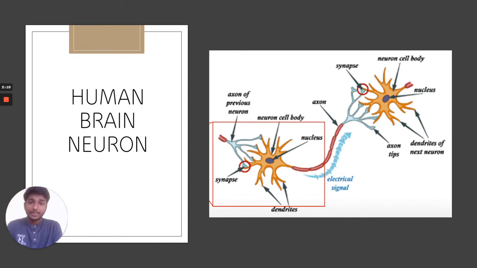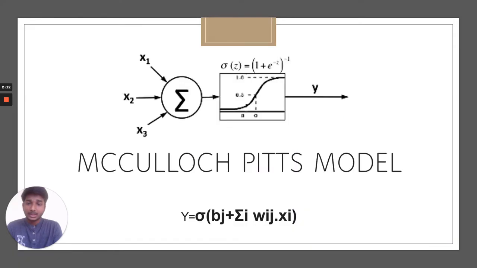Okay, next, this is a mathematical and diagrammatic representation of the neuron using the McCulloch-Pitts model. x1, x2, x3 are the dendrites, and this is the summation where all the inputs are multiplied and summed within this accumulator.